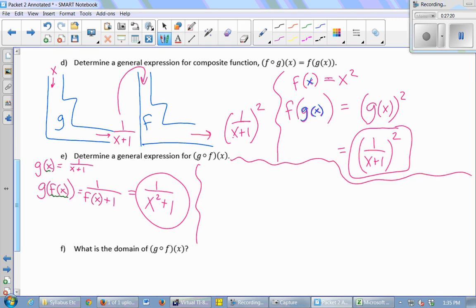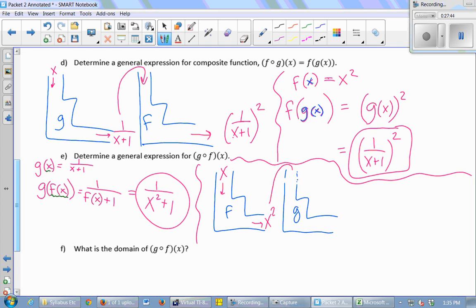What if I draw pictures? My first machine in this case is going to be f, and then I'm going to take the result and put it into the g machine. If I put an x into my function machine f, out comes x squared, because f is the squaring machine. Then I take that x squared and dump it into the g machine, and the g machine does 1 over whatever you put in plus 1.